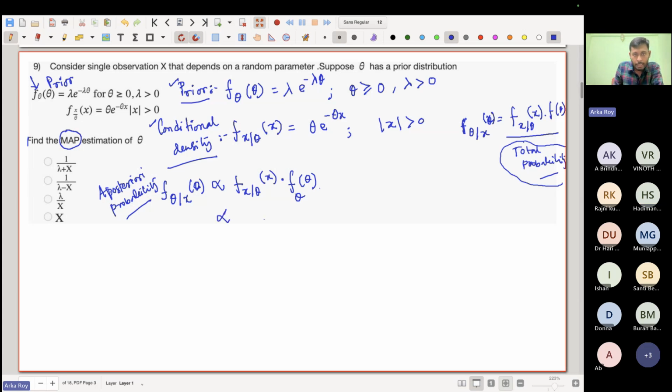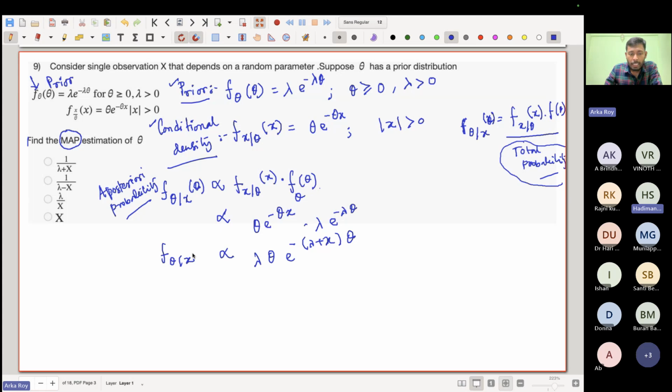If I write the factors, it is theta e power minus theta x, and then you have lambda e power minus lambda theta. So I can even write it as lambda theta e power minus lambda plus x times theta. So this is your a posteriori.